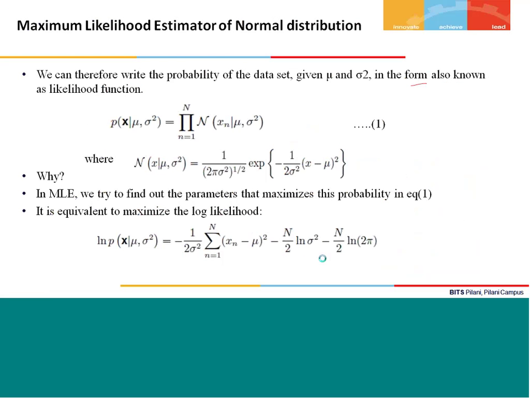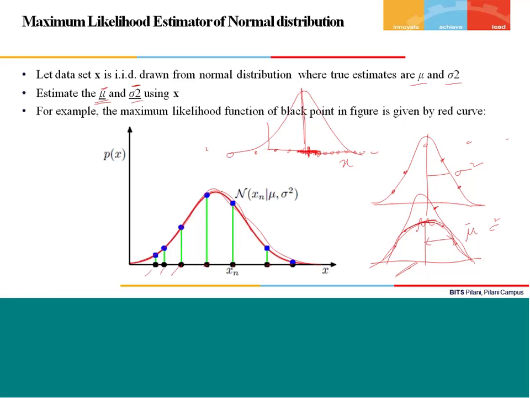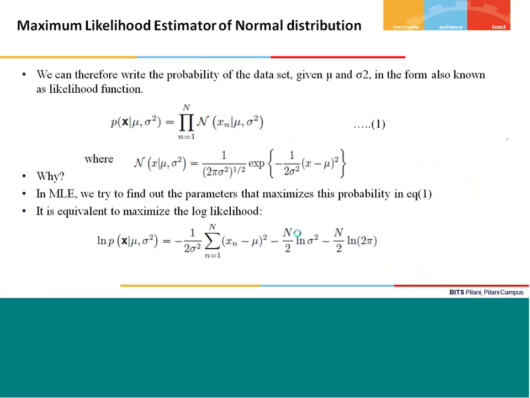So we write the probability of data in the form of a likelihood function. I told you that all these x are IID, identically distributed. Because they are identically distributed, the probability of each x is this one, since this is normally distributed.